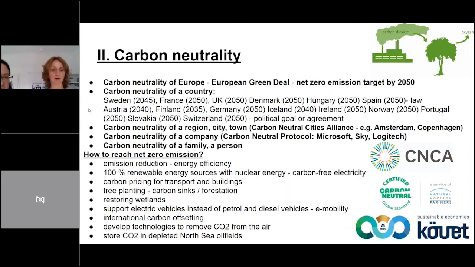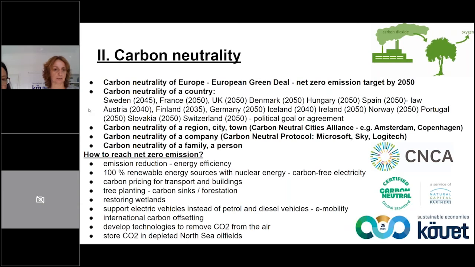The tree planting, carbon sinks, strengthening by afforestation, restoring wetlands, for example, support electric vehicles instead of petrol and diesel vehicles, or strengthen the electromobility worldwide.